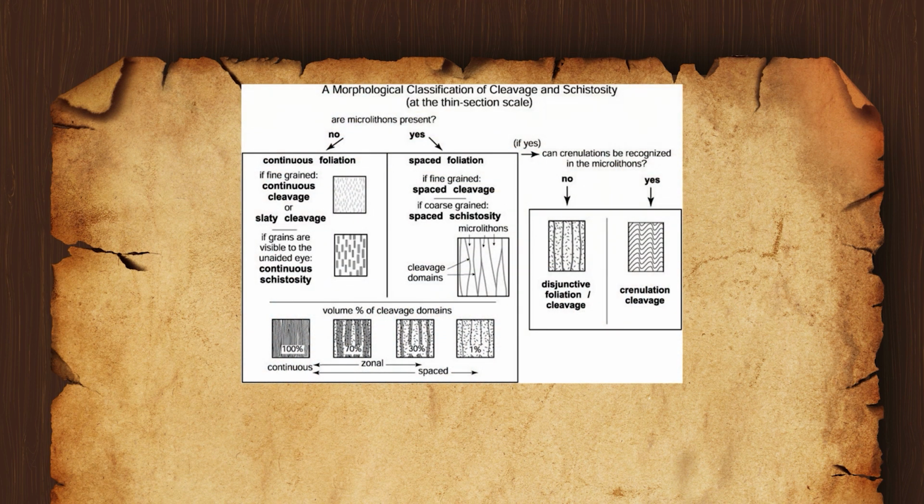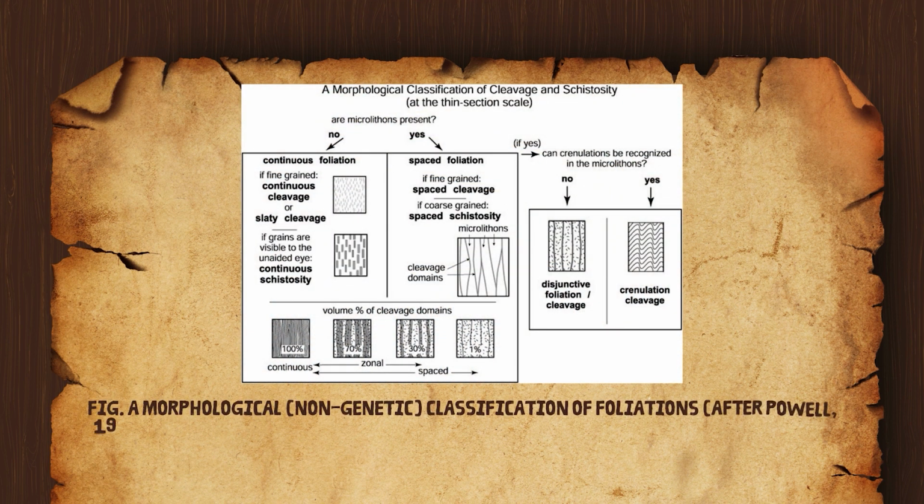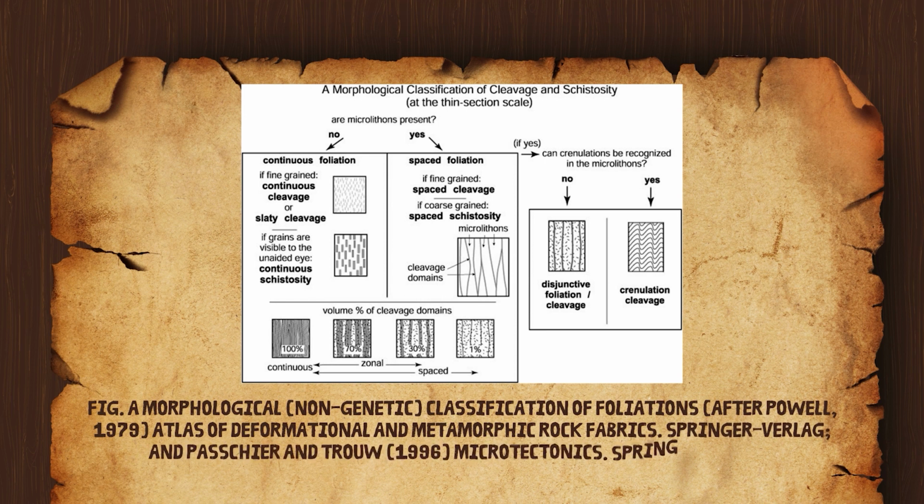Now, I would like to show you a morphological classification of cleavage and schistosity. The continuous foliation, spaced foliation, and continuous to be recognized in the microliths. You have a fine grained continuous cleavage or slaty cleavage.